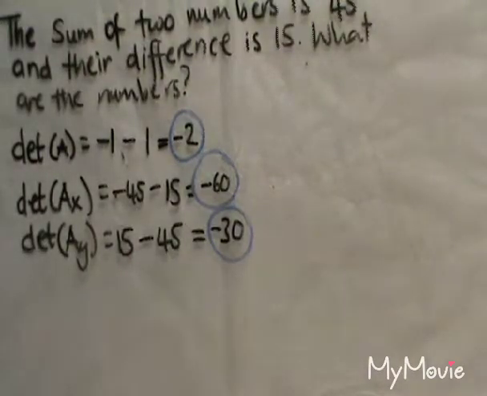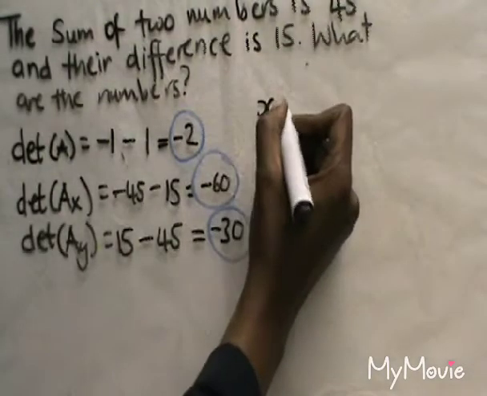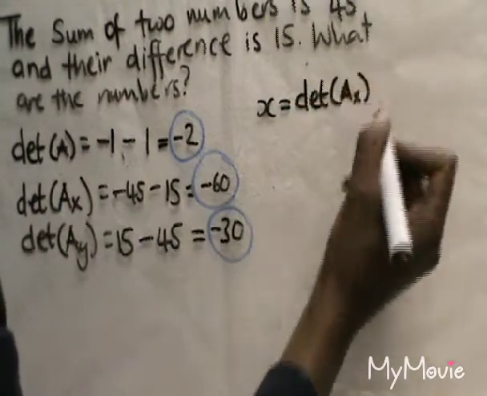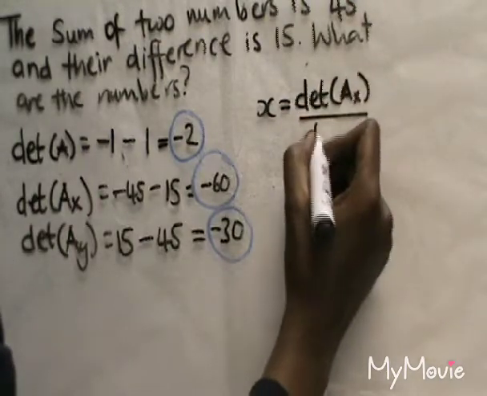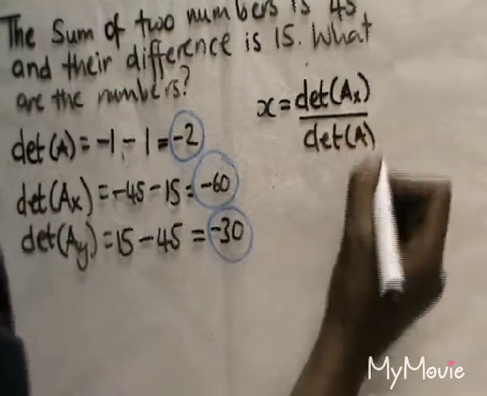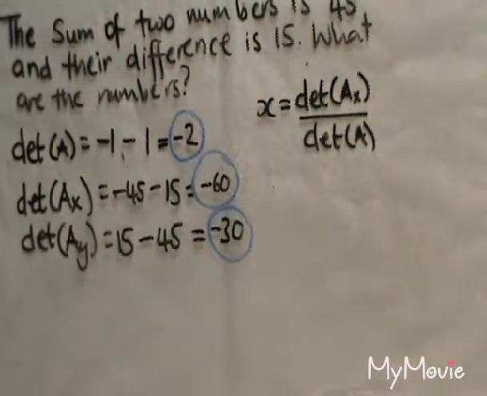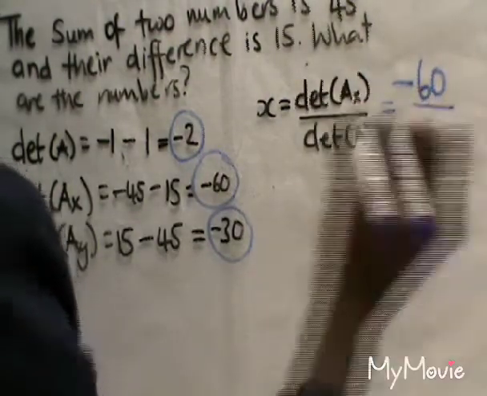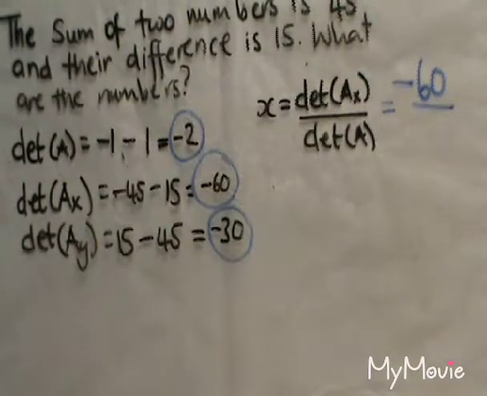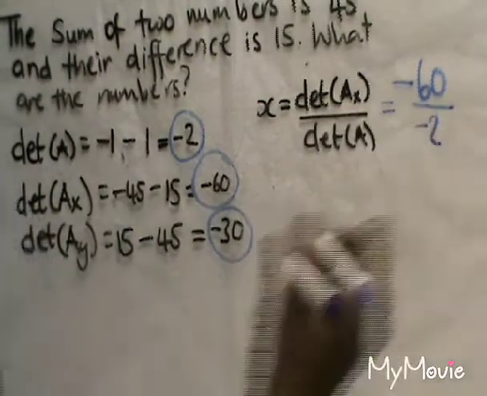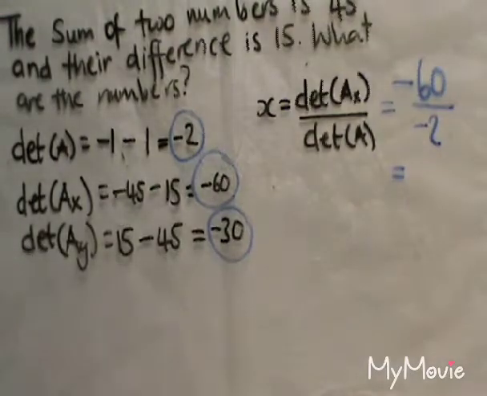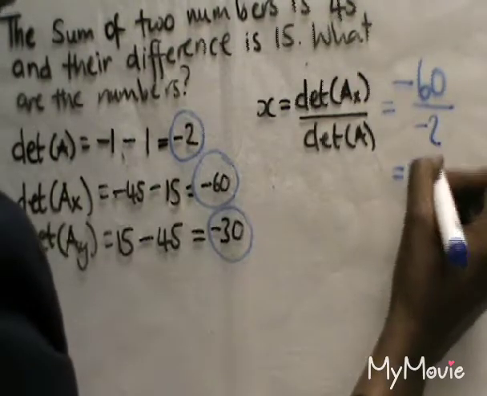Okay, so remember, x, we said, is equal to the determinant of AX divided by the determinant of A. That's right. So the determinant of AX is equal to minus 60. And then the determinant of A is minus 2.